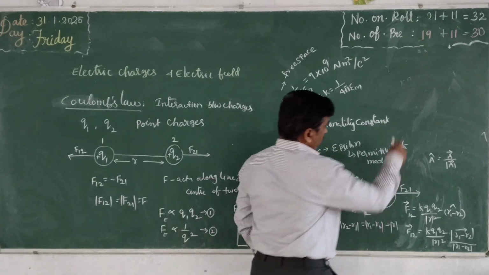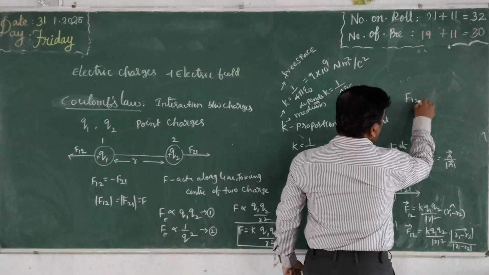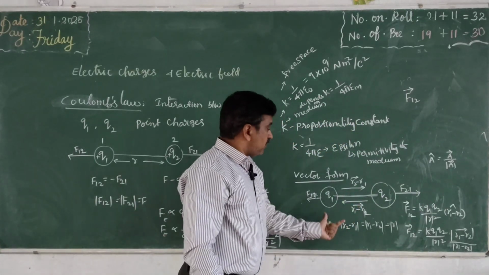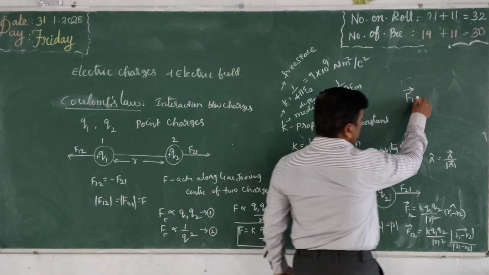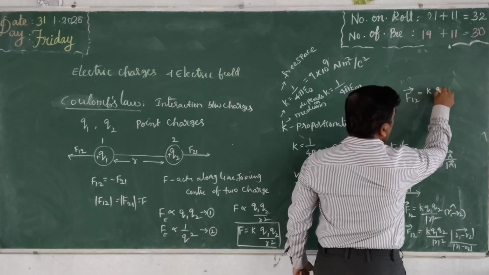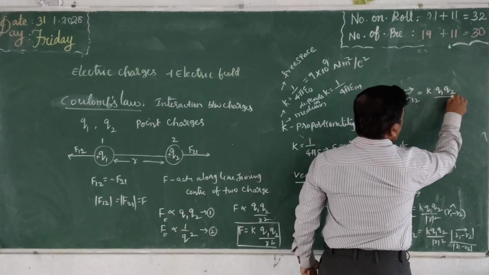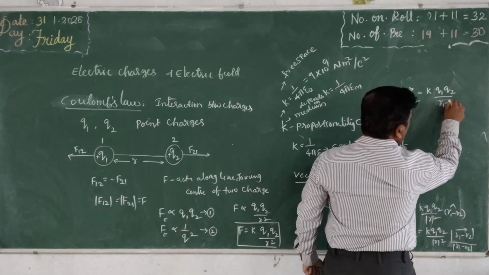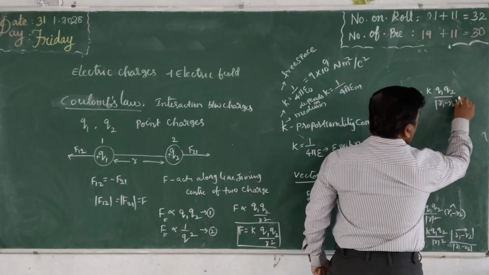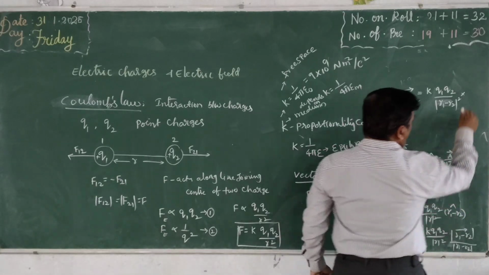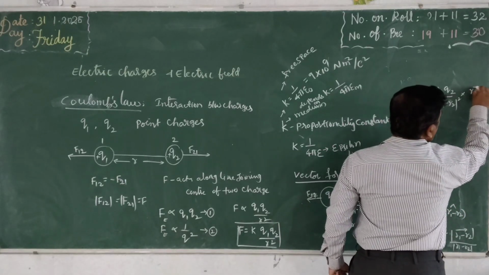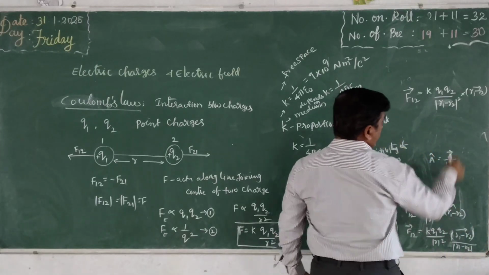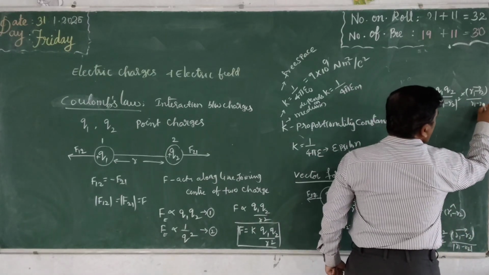Finally, the force between the two charges is represented in vector form. F12 equals K Q1 Q2 by the modulus of R1 minus R2 whole square, into R1 minus R2 vector by modulus of R1 minus R2.